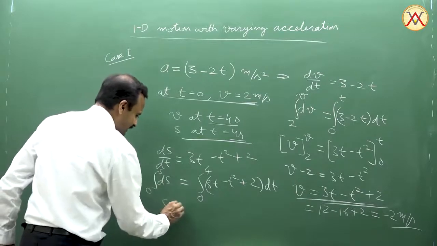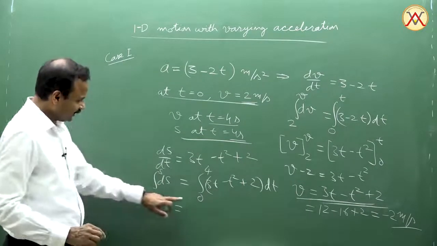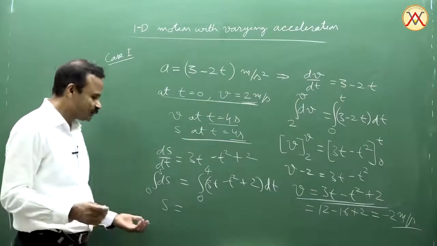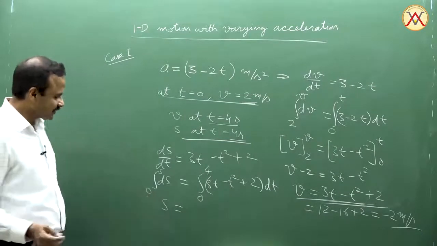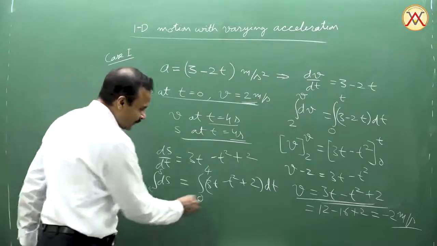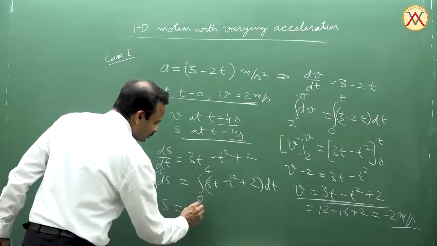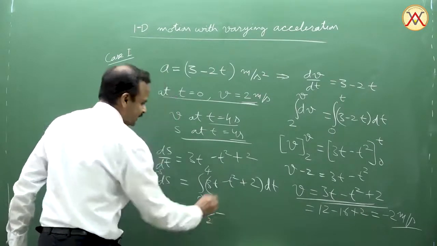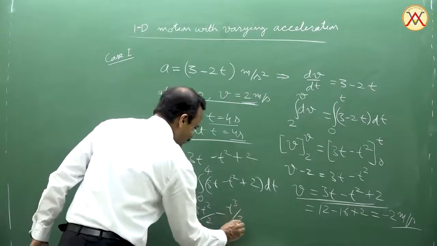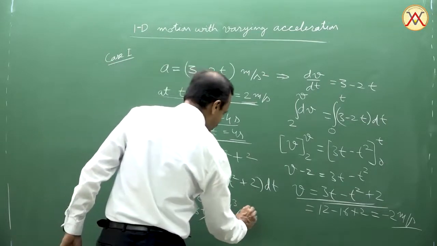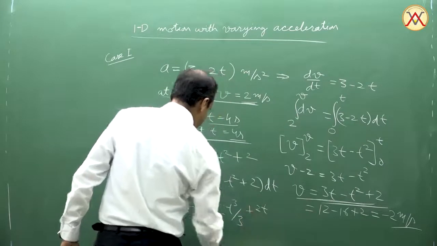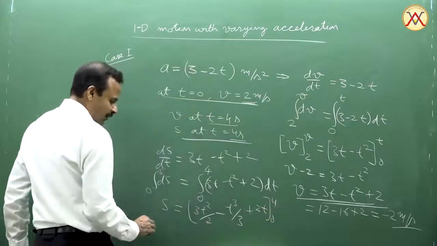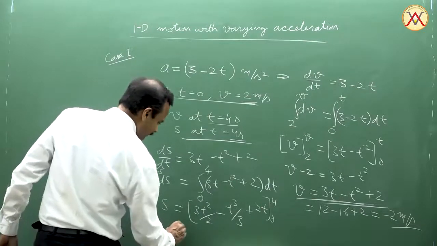So this becomes s equal to, now I am taking the initial displacement to be 0, because displacement is being measured from the starting location, so it is 0 initially. Here the integral gives you 3t square by 2 minus t cube by 3 plus 2t, and the limits are 0 to 4, and you can do the final calculation.